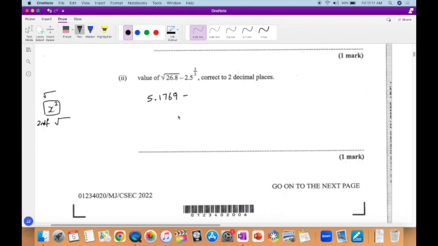2.5. And how do we do this to the power of 3 over 2? Well, on the calculator, you should see a button that says y to the power of x. All right? So when I type in 2.5, I'll press that button. And what you'll see is 2.5 with this. So it's telling you now to punch in the power.